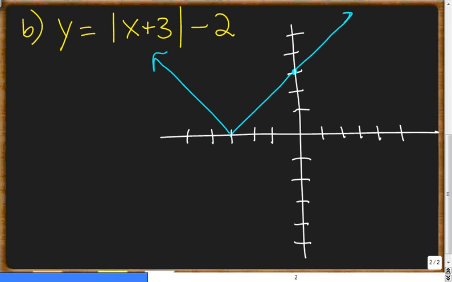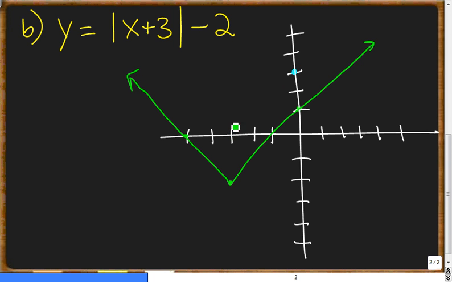So the new graph would be everything is 2 lower. So that would be what this looks like, as opposed to the original, right?